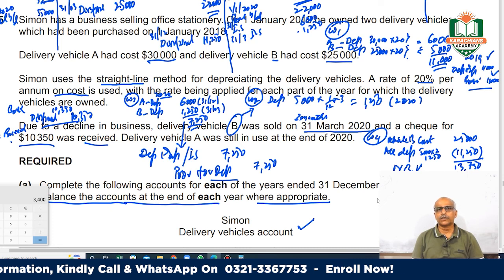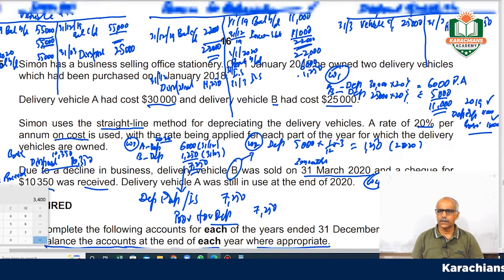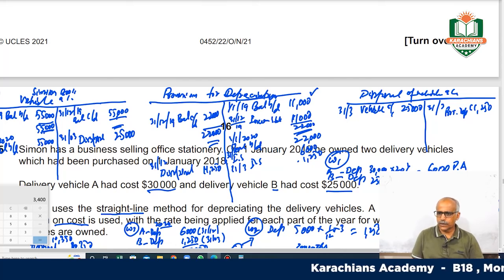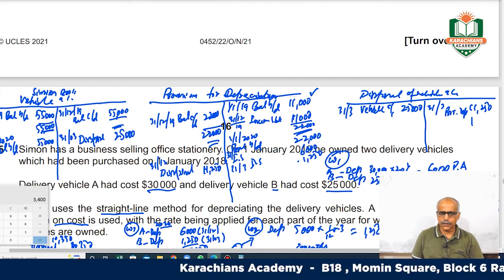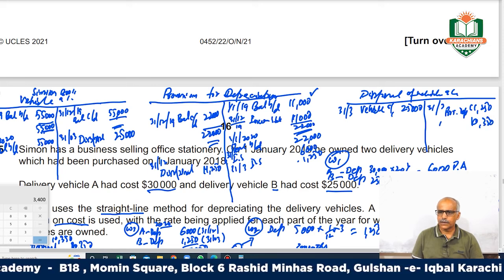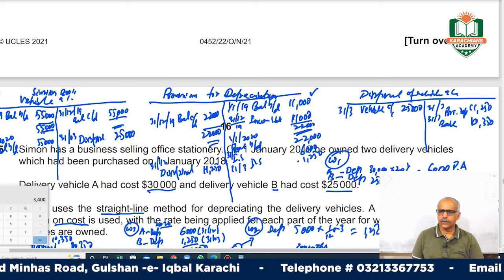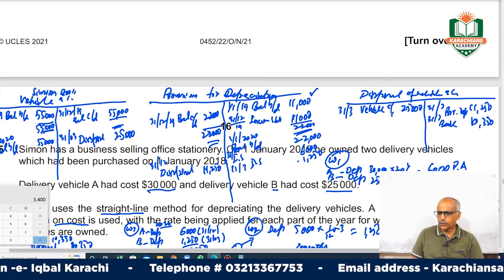So whatever sale proceeds you are getting, you will credit to disposal. So 10,350 disposal, bank 31st March.